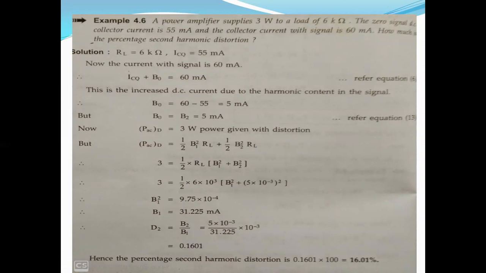So the problem is, a power amplifier supplies 3 watts of power to a load of 6 kilo ohms. That means we are connecting some load to the power amplifier and it supplies 3 watts of power to that load or loudspeaker. So the load value RL is 6 kilo ohms. Here the zero signal DC collector current is 55 milliamps.